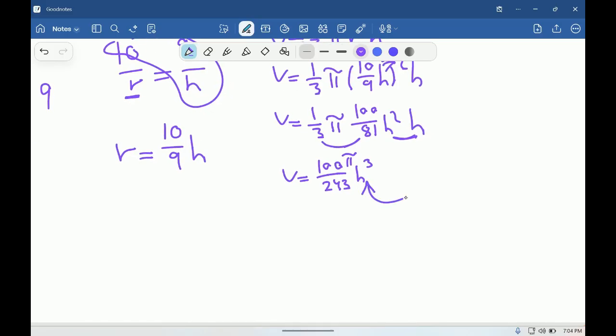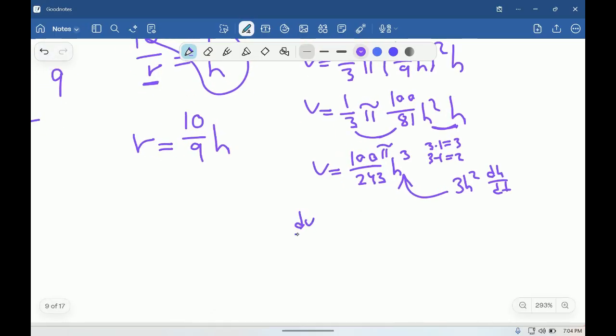Now we want to find the derivative of this, h cubed, which is going to be 3h squared dh/dt. 3 times 1 equals 3, which is where we get that 3 from. And then 3 minus 1 equals 2, which is where we get that. And the dh is just the derivative of h. We're going to set this to dV/dt equals 100 pi over 243 times 3h squared dh/dt.